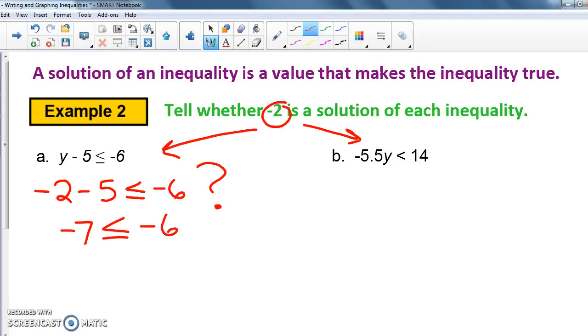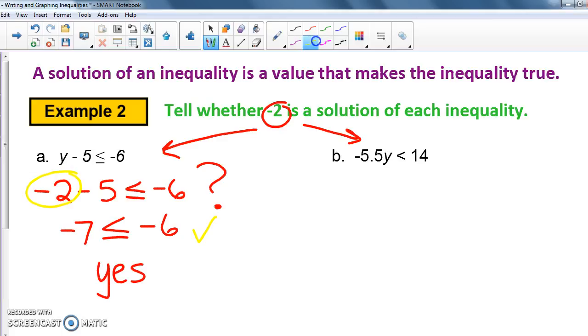Well, it only has to be true for one of them. Either negative 7 has to be less than negative 6, or negative 7 has to be equal to negative 6. I know that it's not equal, but is negative 7 less than negative 6? Yeah, so that's a yes. Because when we put in this negative 2, this became true.